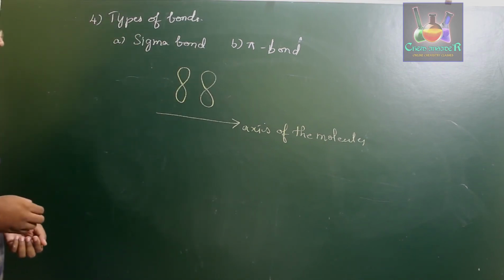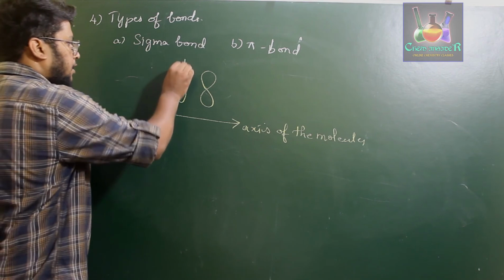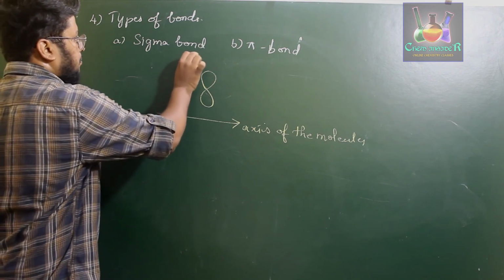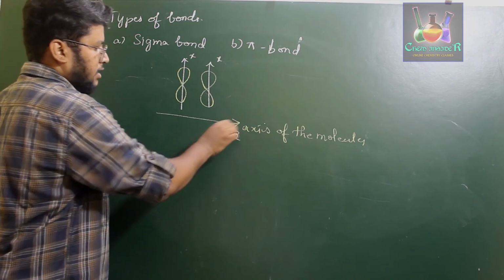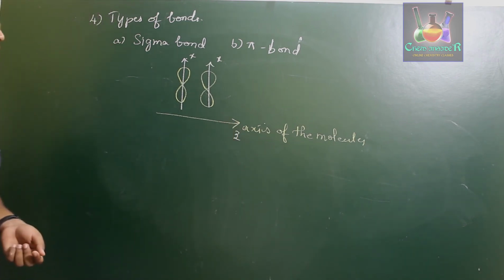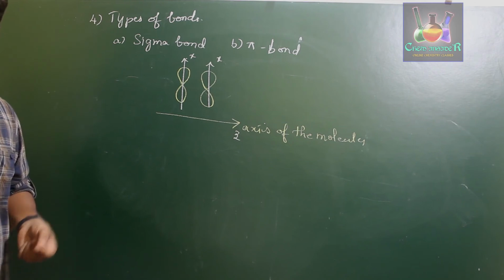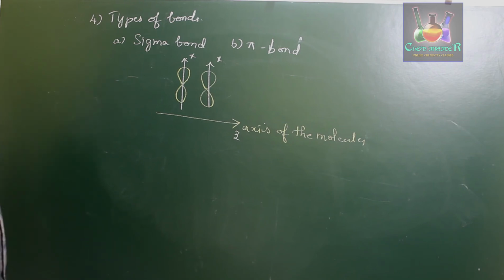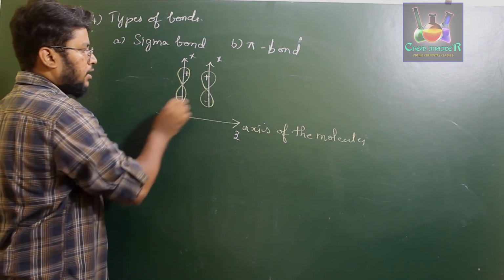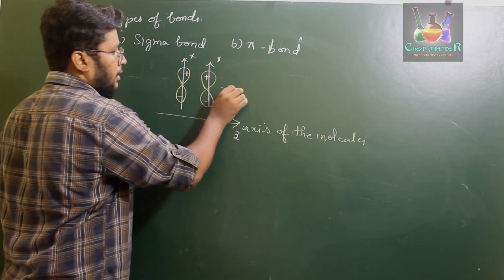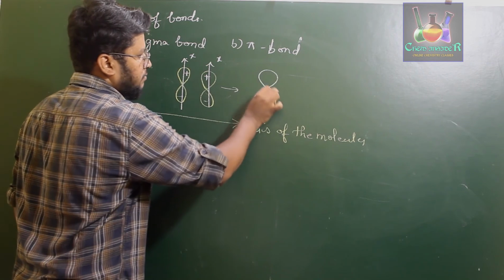If the axis of the p orbital is perpendicular to the axis of the molecule, if this is on the x-axis and this is on the z-axis, then the positive and positive ends, negative and negative ends, will overlap sideways, like this.